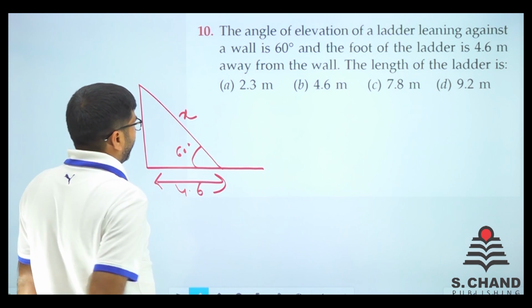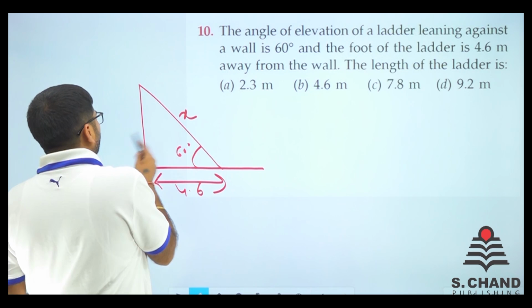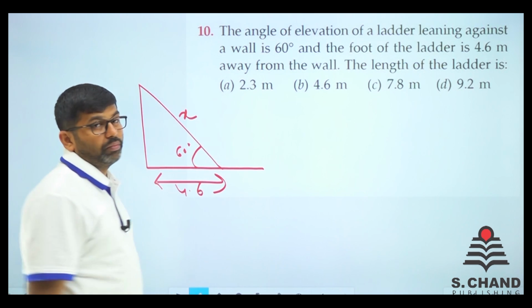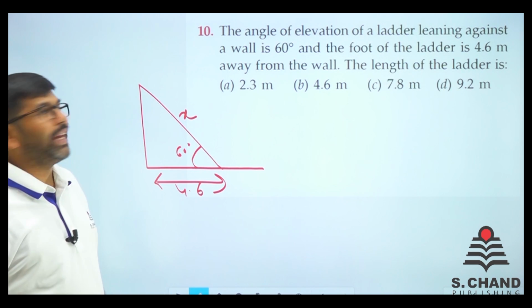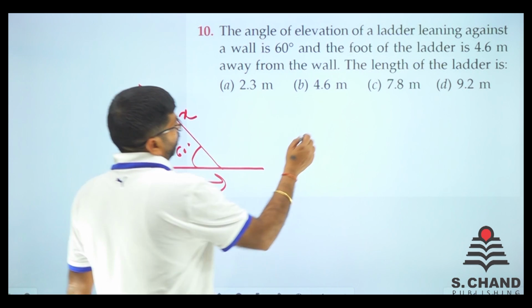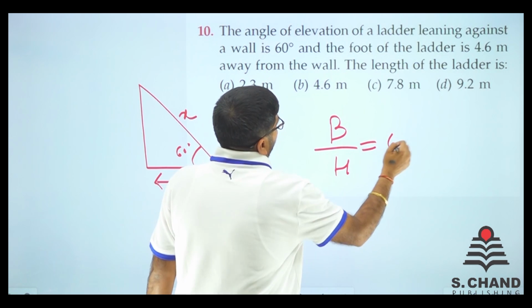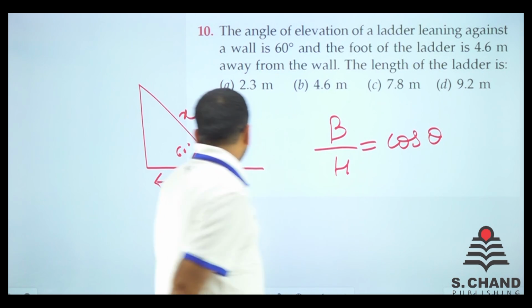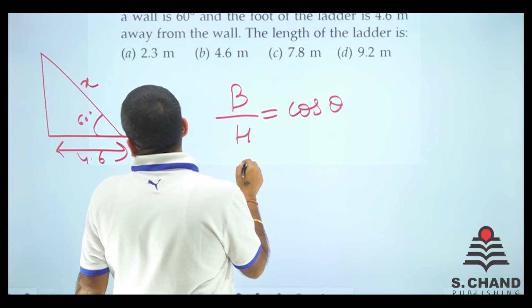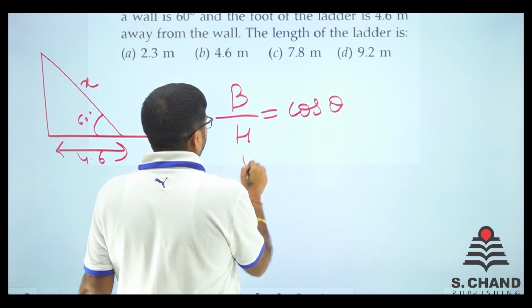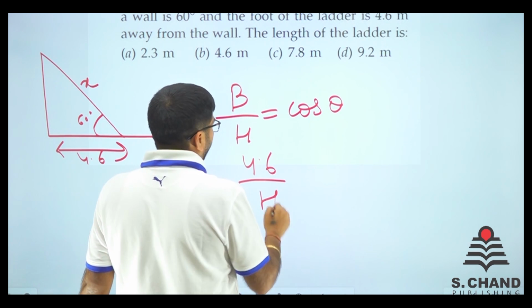This you have to find. So no perpendicular this time, right? PBP, HHB. So base upon hypotenuse is cos theta, and cos theta is cos 60 degree. So base is 4.6 divided by h.